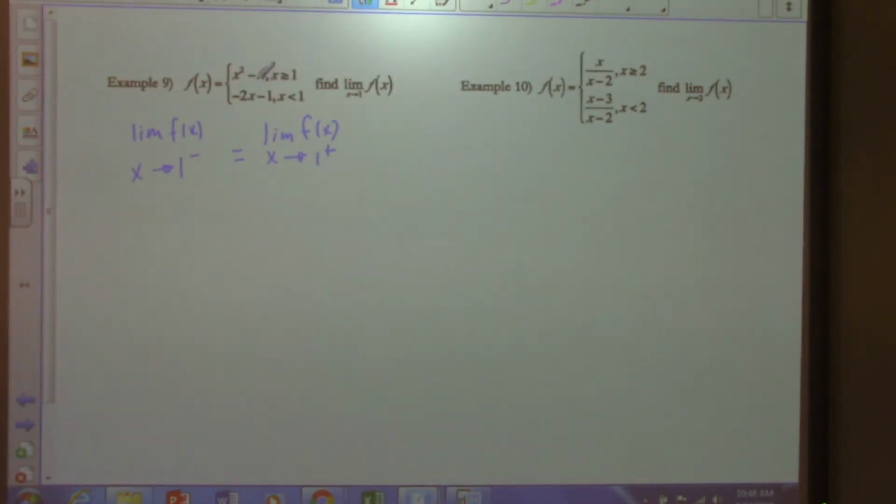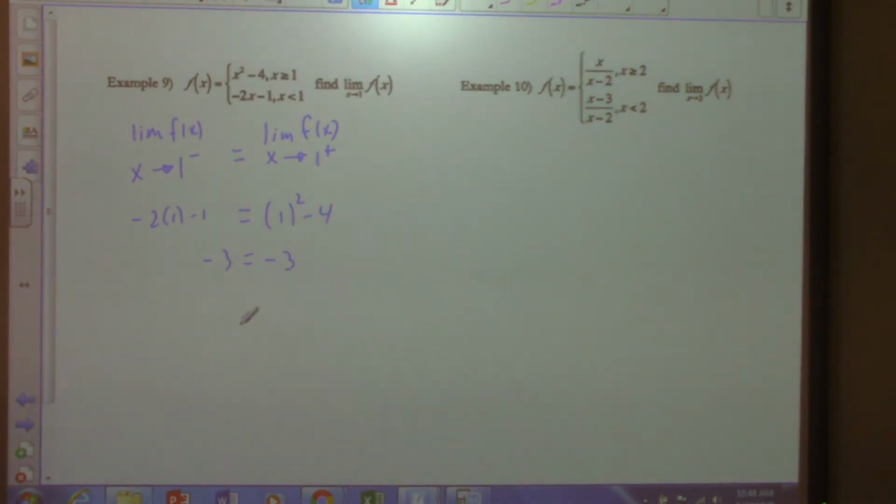So on the left side, we take this one right here, we're going to have negative 2 times 1 minus 1. So that's the left side, right? And the right side is going to be 1 squared minus 4. So here we have negative 3 equals negative 3.